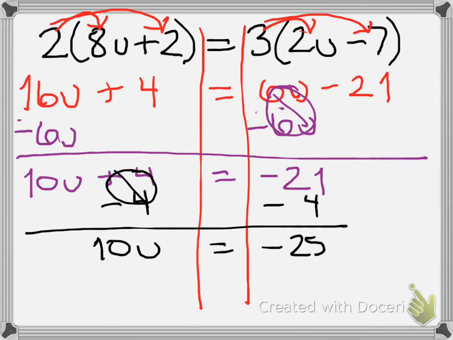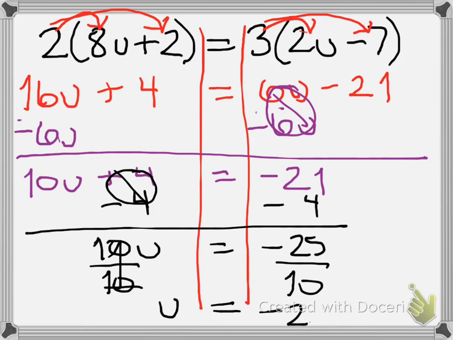And then, since u is not by itself yet, we have 10u, so 10 times u is 10u, so we divide both sides by 10. And we're going to cancel out the 10s over here, and that's going to leave us with u equals, and then we got negative over a positive, which is a negative, and 25 over 10 is actually going to be 2.5.